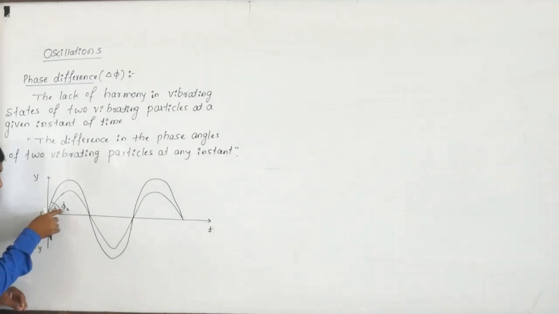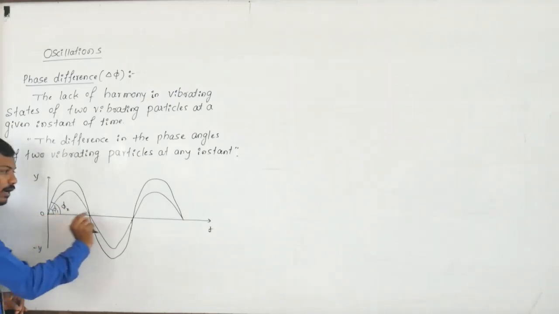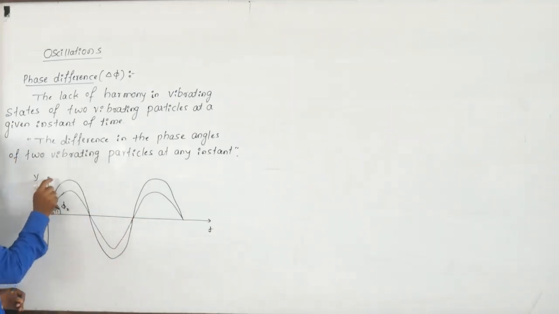Its angle should be between the x-axis and its direction. The phase angle is represented with respect to its mean position, the angle up to its mean position here.